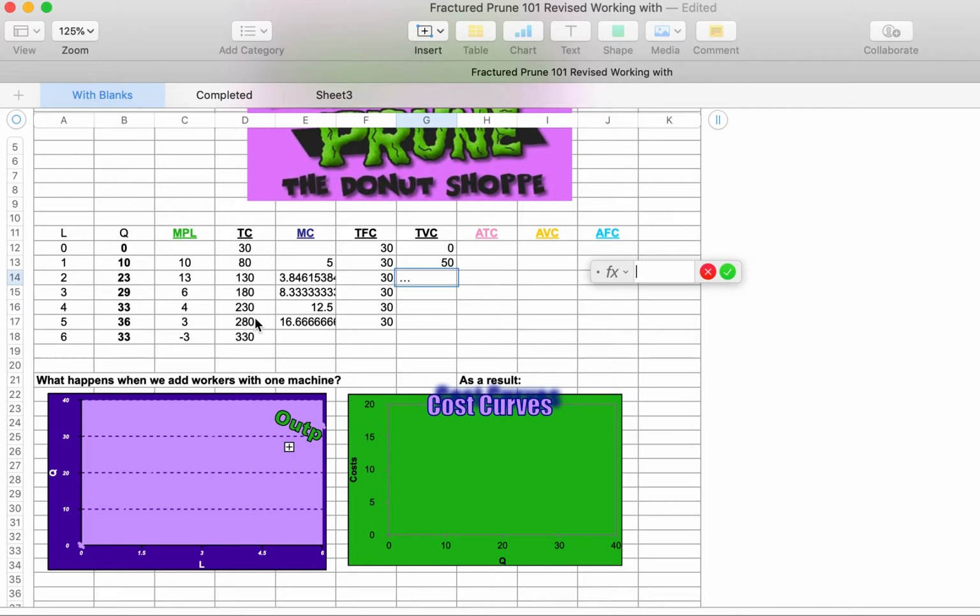So this is equal to 130 minus 30, which I think we all know is 100. I'll do it one more time with the cells. This is equal to total costs minus total fixed costs. 180, I'm getting 150 in my head, indeed. And I will stop doing that.